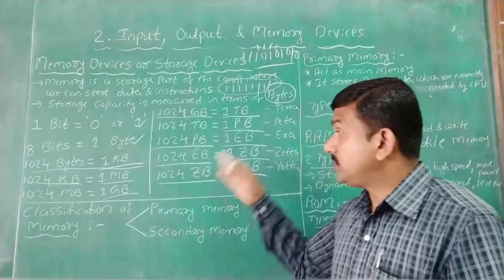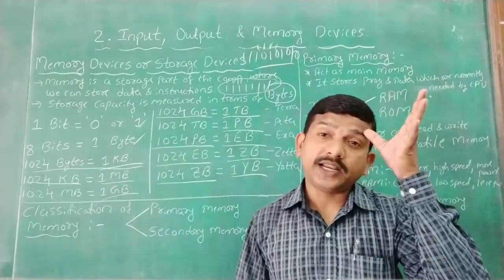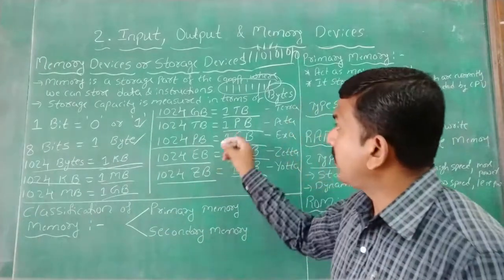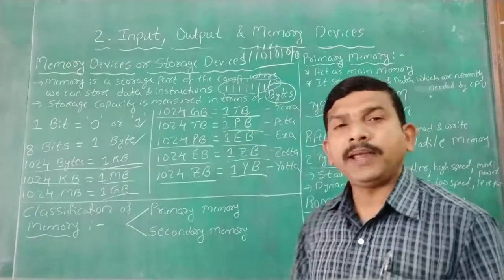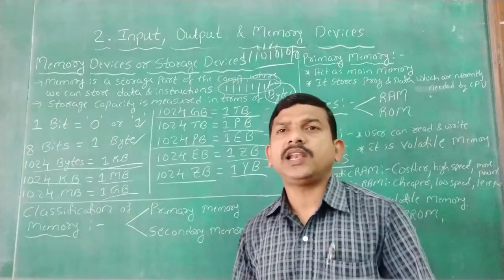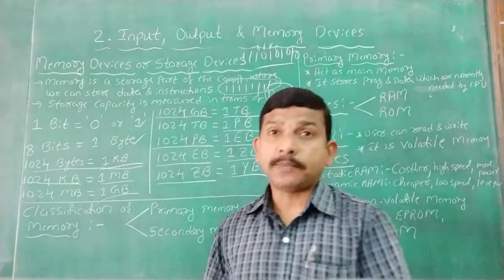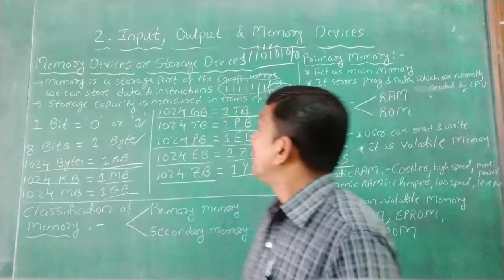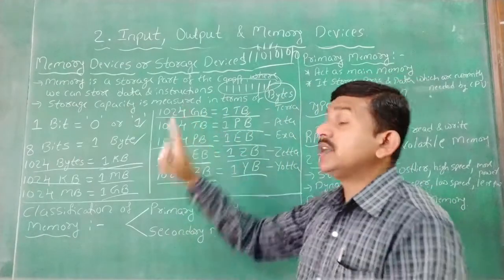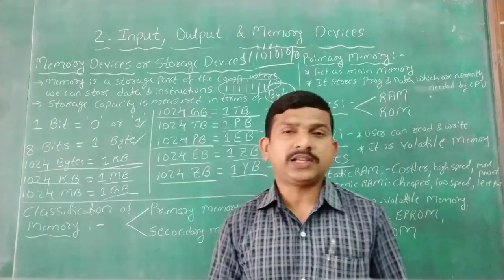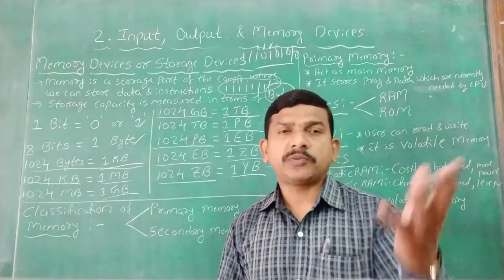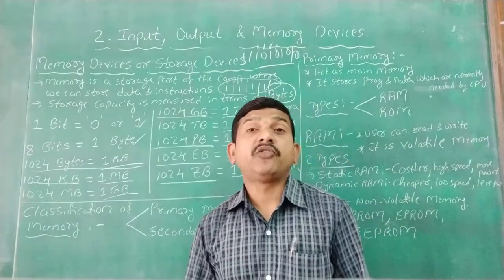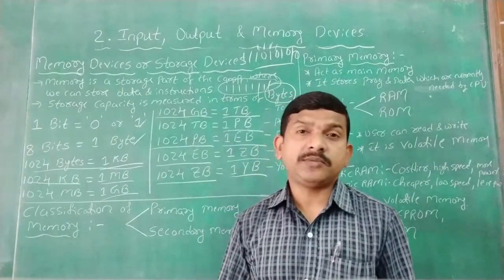So you can just imagine how much data that is. We commonly see TB when, suppose you are purchasing the latest computer or laptop, the capacity is 1 TB, and 1 TB means how many GB it contains? 1024 GB. Suppose you are purchasing a mobile, 64 GB or 128 GB.